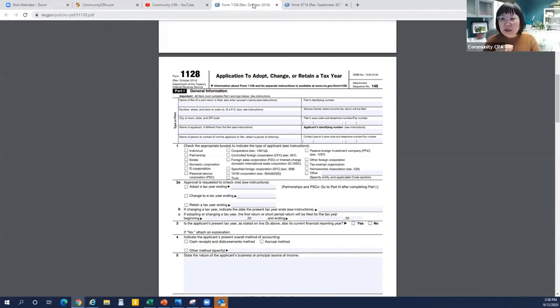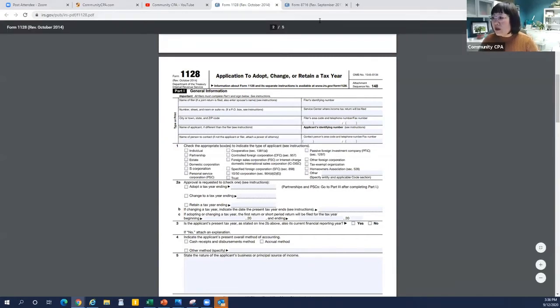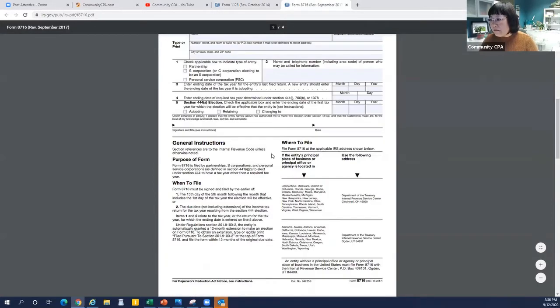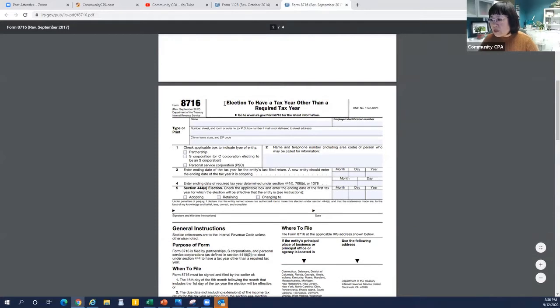But when you want to change to an accounting method other than cash, like accrual, you would fill out a form. This one, 8716, is the election to have a tax year other than a required tax year. What does that mean?